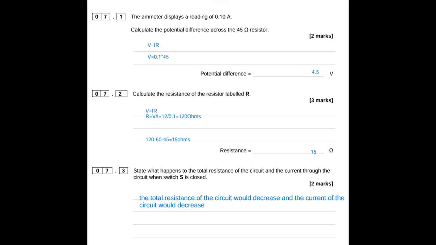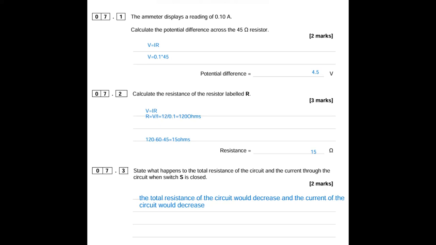Okay, starting off with the answers for the questions. For 7.1, you just need to use the formula in your formula book, V equals IR, so 0.1 times 45 to get 4.5. For 7.2, you need to do V equals IR, rearranged so R equals V over I, to get the total resistance of the circuit, which is 120 ohms, since you have both the current of the circuit, which is 0.1, and the total voltage of the circuit, which is 12 volts.